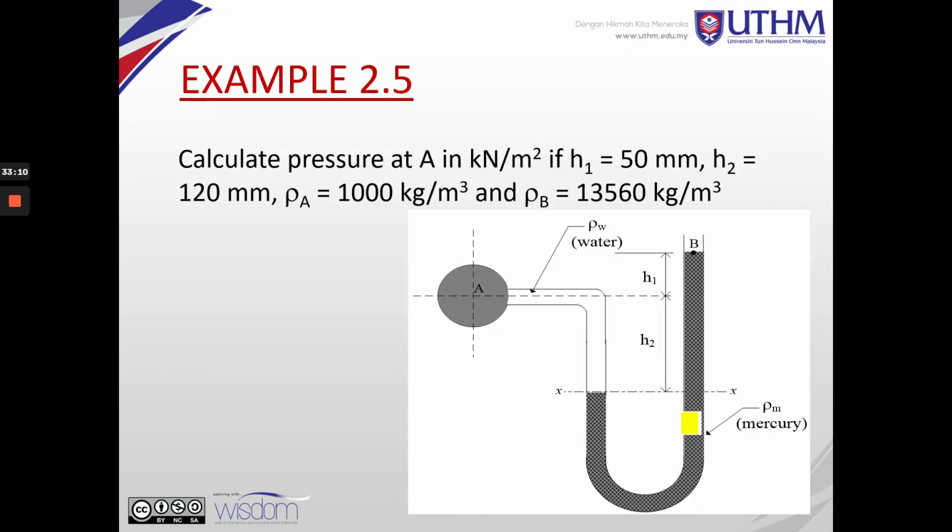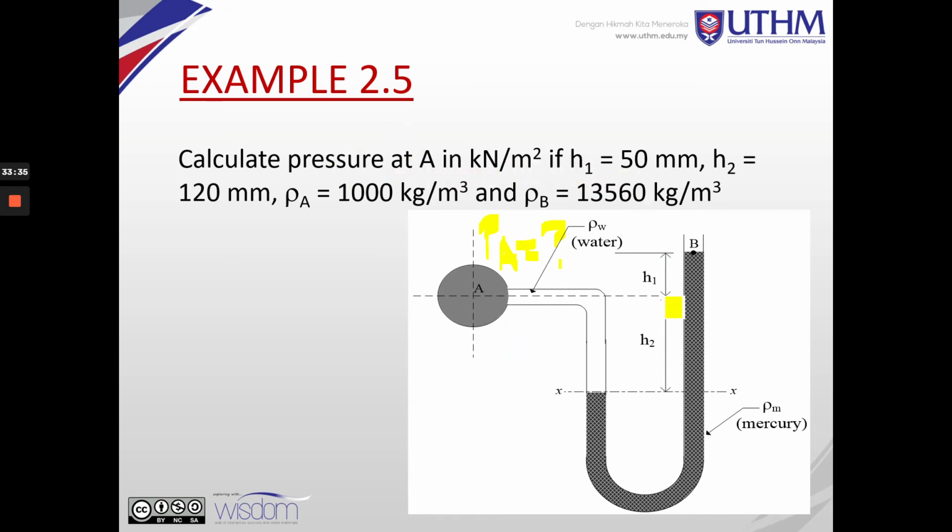Okay, so example 2.5, using the equation that I taught in the previous slide. Calculate the pressure at A, to find PA here in kilonewton per meter squared.